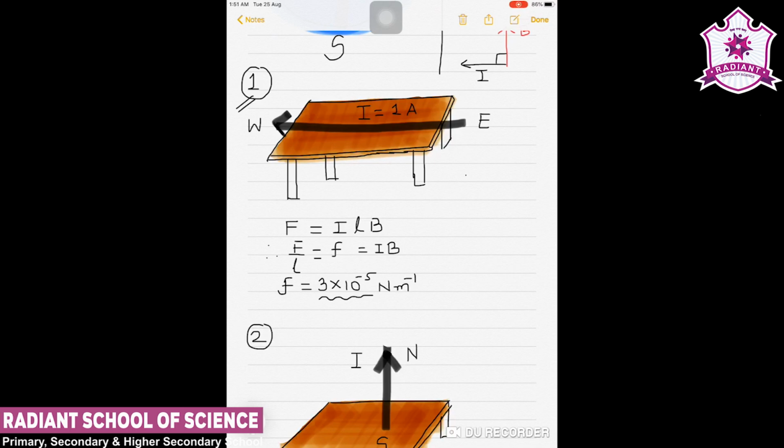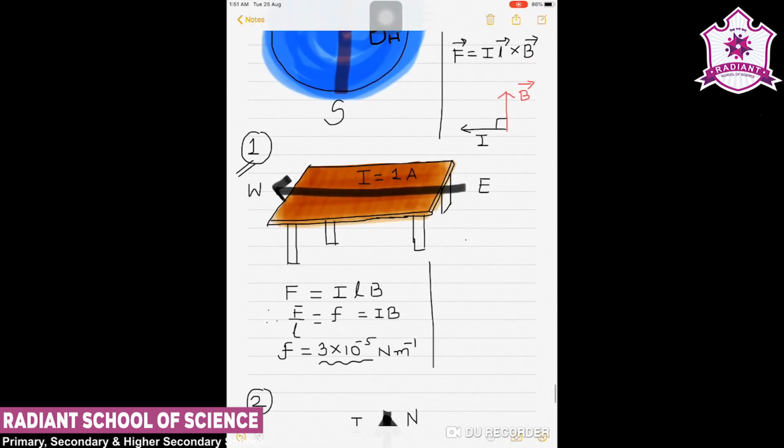Now we are also asked to find the direction. So the direction will be from the above equation, that is called the right hand screw rule. So if we apply that right hand screw rule for this portion, we can have the direction of the resultant force.